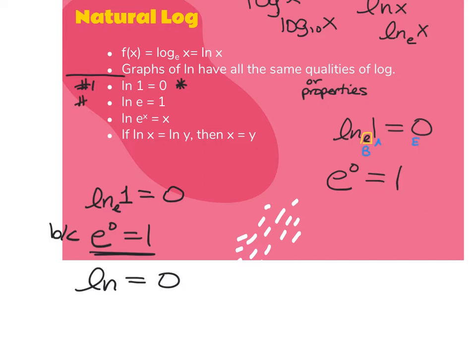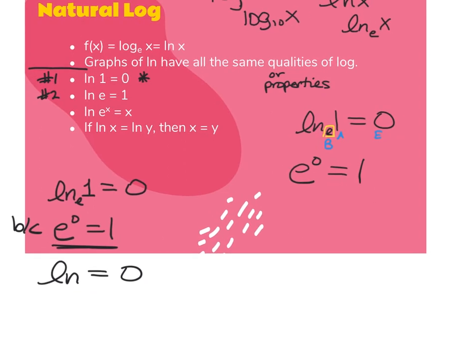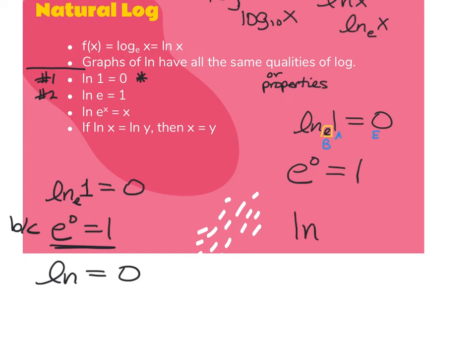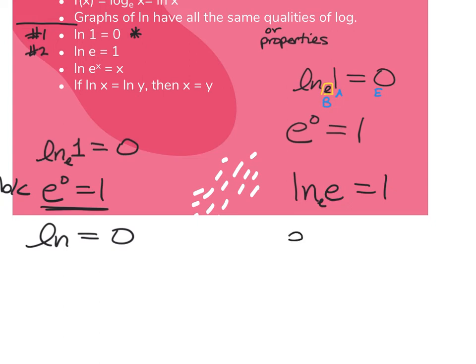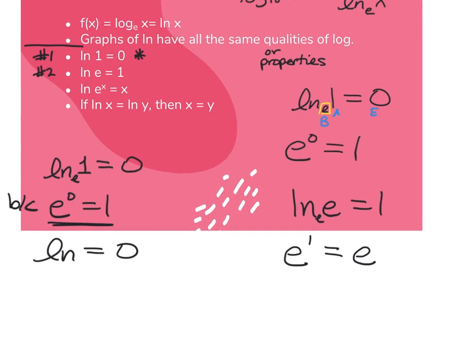Property number 2. The natural log base e of e equals 1. So again, I can put the little e here, and then I can transform from Bay to exponential. So e to the first power equals e. So this is just telling me that the natural log of e equals 1.